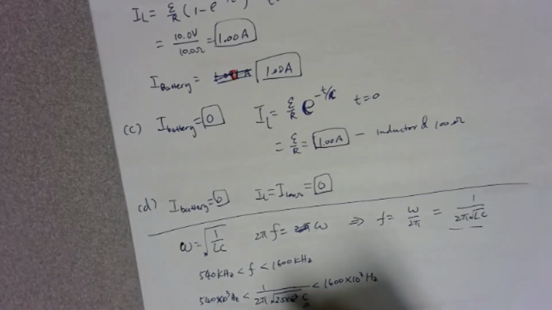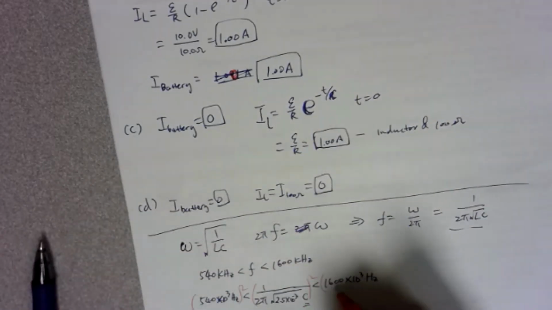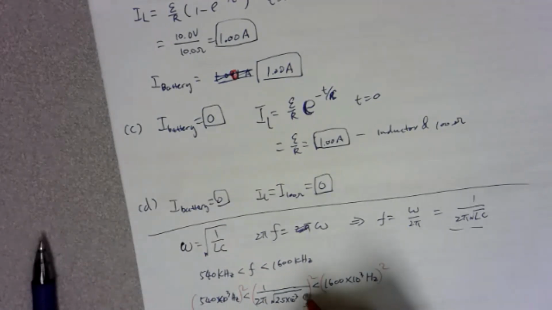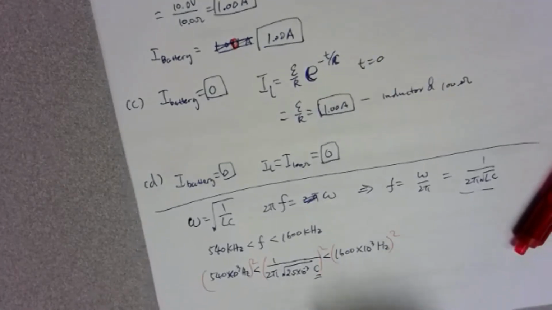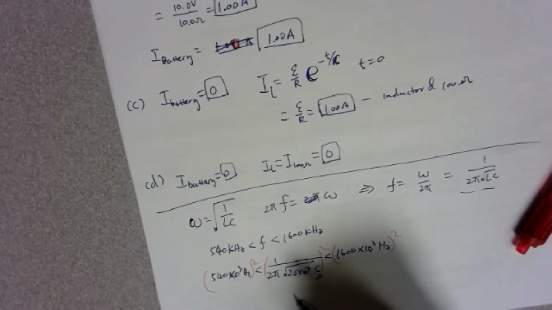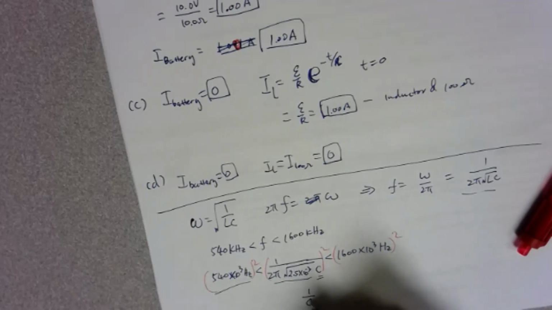All right, so first you want to square everything, to get rid of the square root on the C. Then you'll get 4 pi squared, and everything is multiplied by the constants. In the middle, you'll simply have 1 over C because the square root of C is squared.